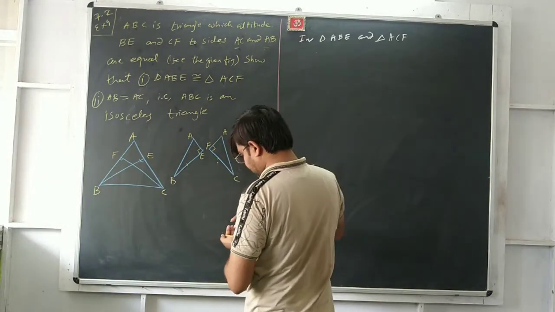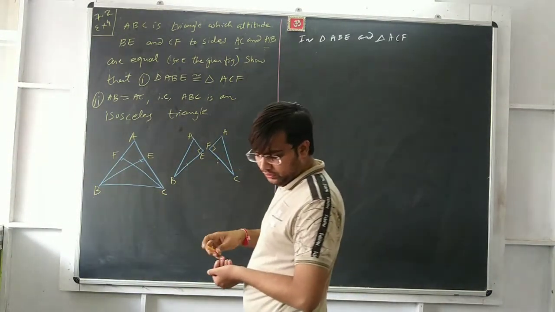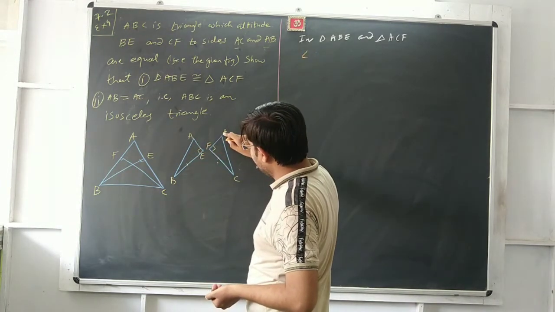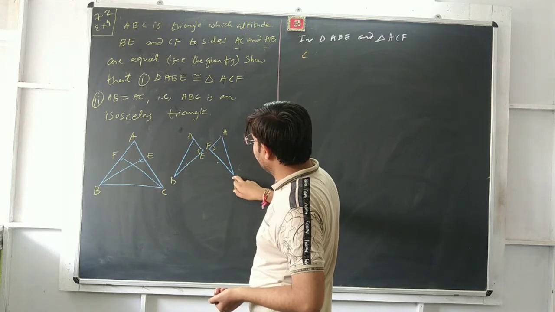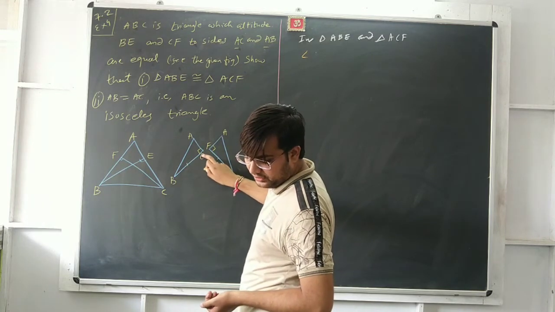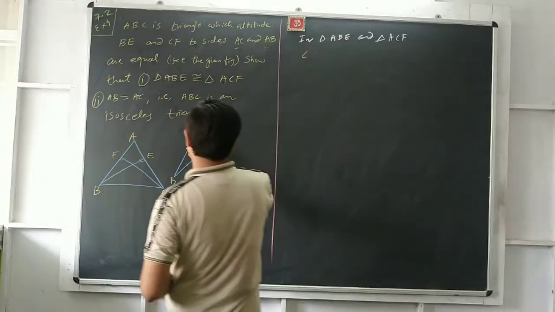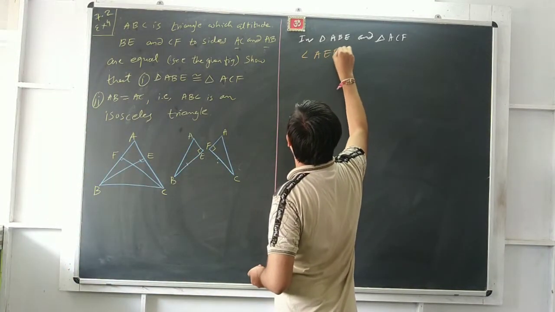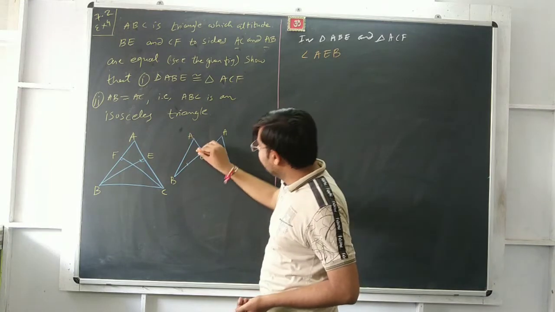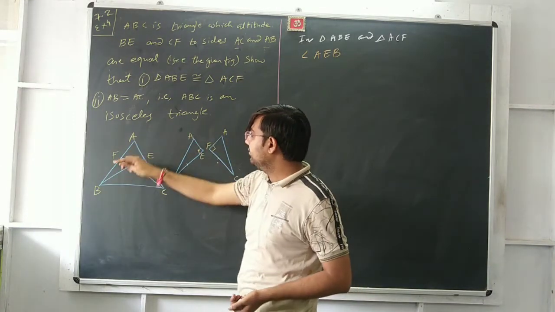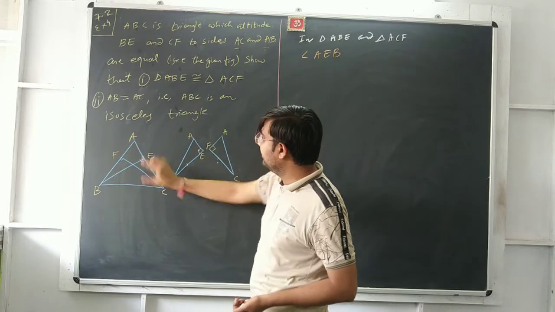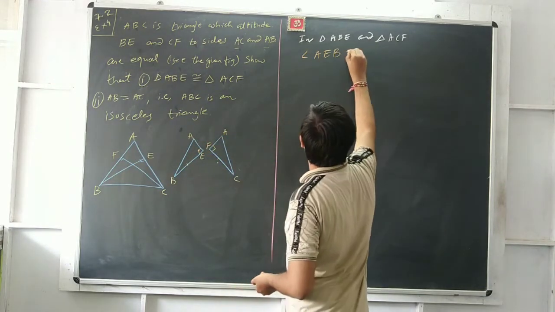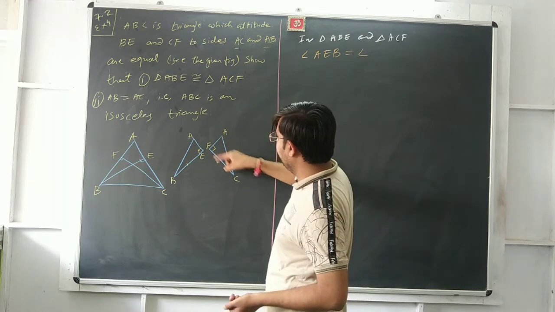Angle AEB, sorry, AEB. This is the right angle. I can make triangle ABE here and AFC here. This is the right angle: angle AEB is equal to angle AFC.